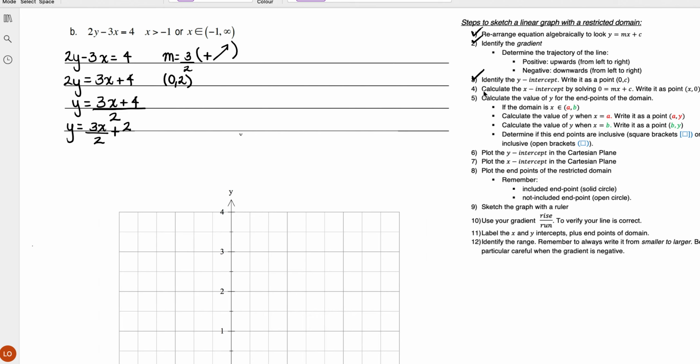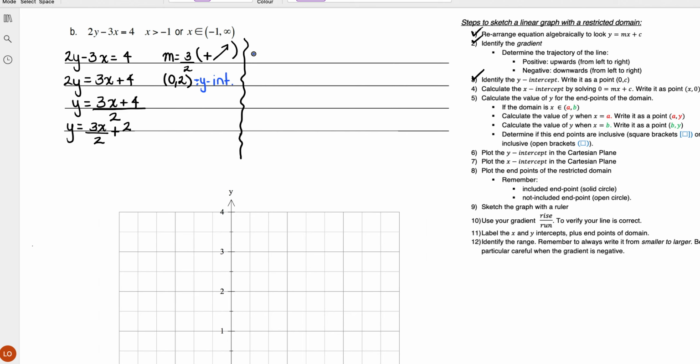Calculate the x-intercept. So let's do our x-intercept. Let's leave all of this here, and then I'm going to do it here in blue. To calculate my x-intercept, what do I have to do? I'm just going to call this here so we can see it very clear. This was my y-intercept.